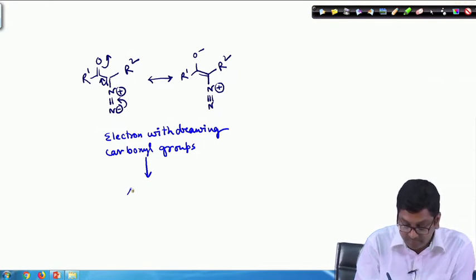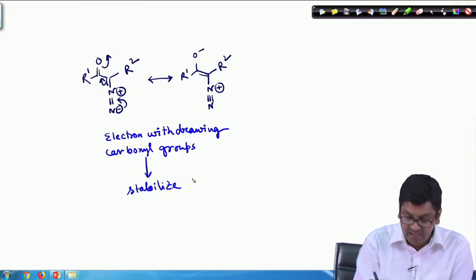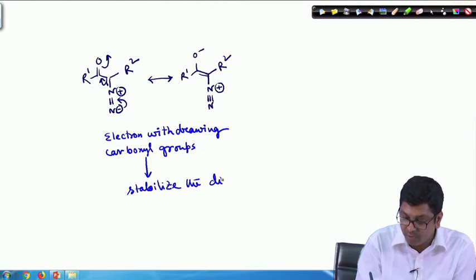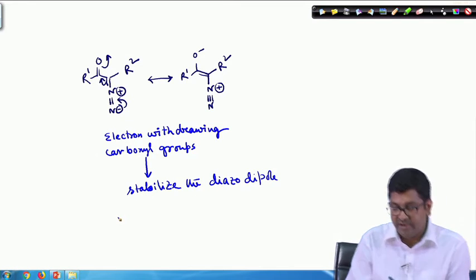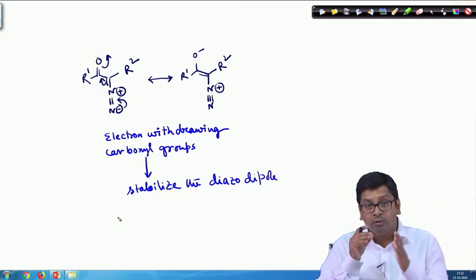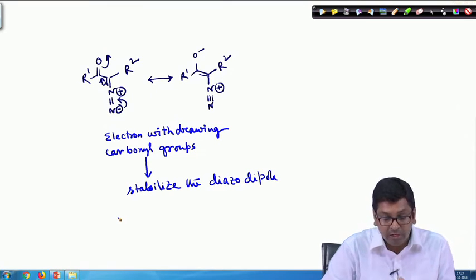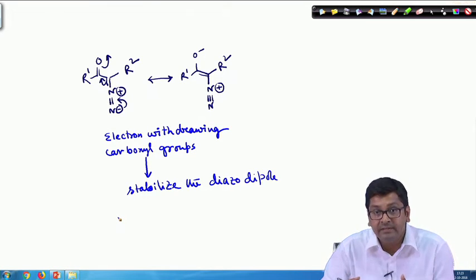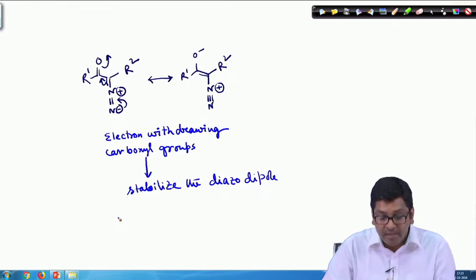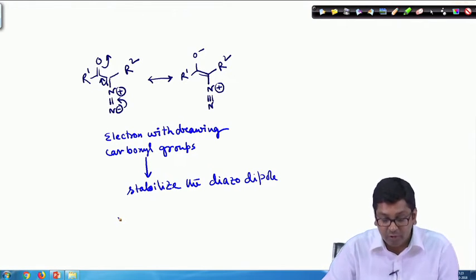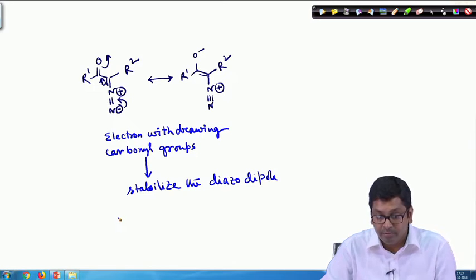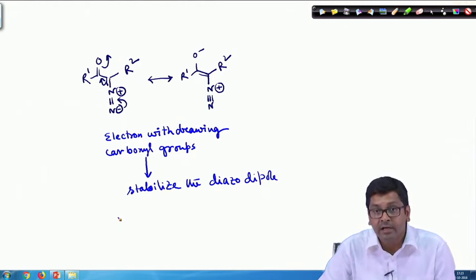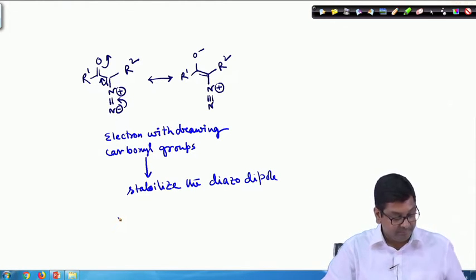Okay. This will stabilize the diazodipole. Fine. So, overall these diazocarbonyl compounds are more stable than diazomethane. So, obviously, we can use these diazocarbonyl compounds as a very good precursor for carbenes.